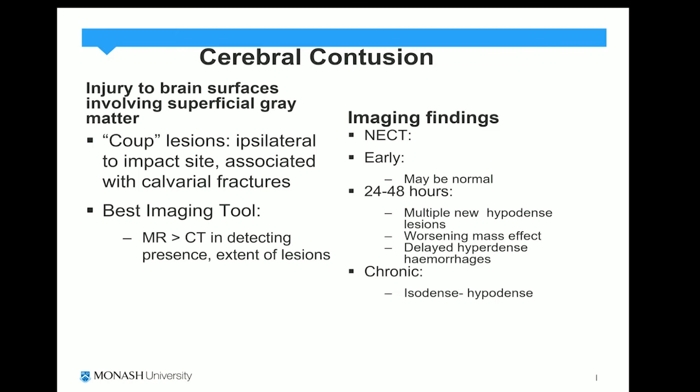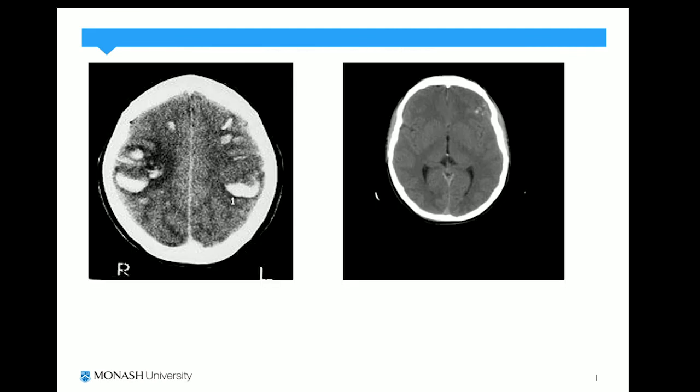In the chronic phase, these bleeds can change from isodense to hypodense, so once again then contrast media would be quite useful. And here we can see multiple bleeds varying in size, the image on the right side, and then here is just a collection of lots of little multiple bleeds.